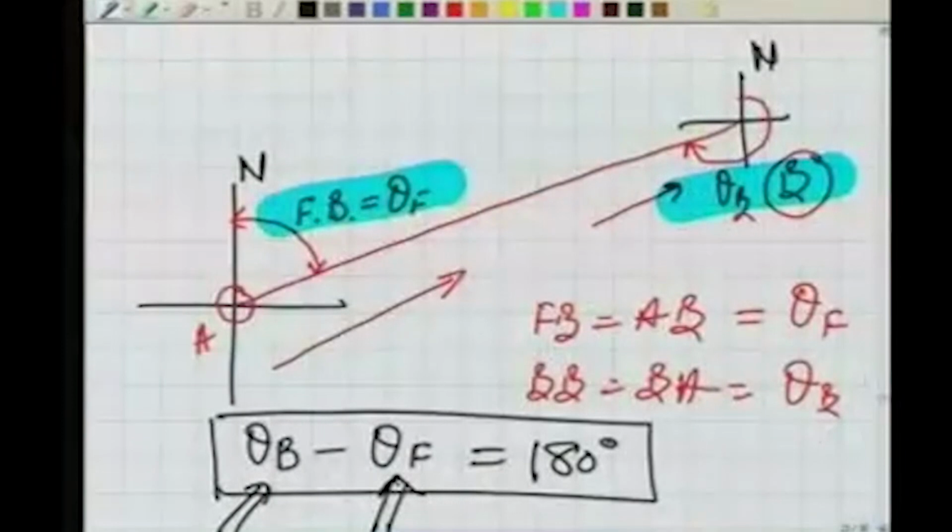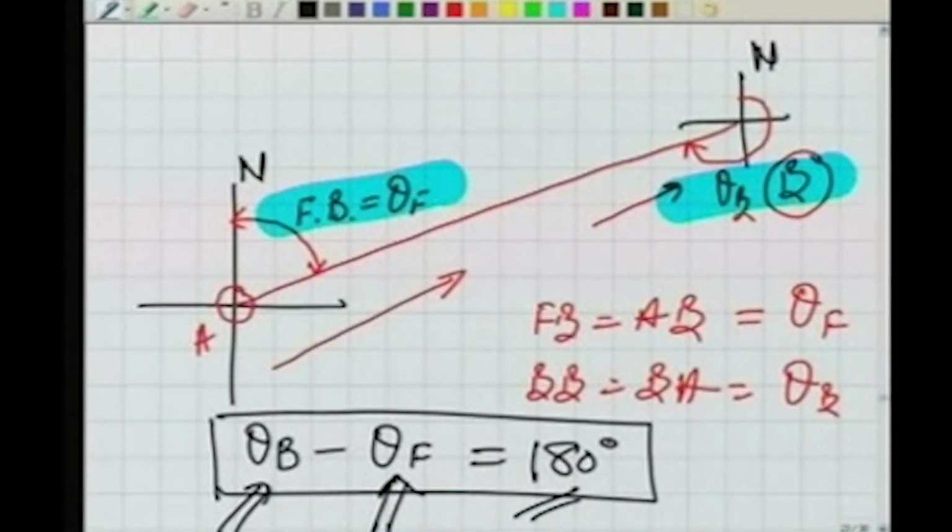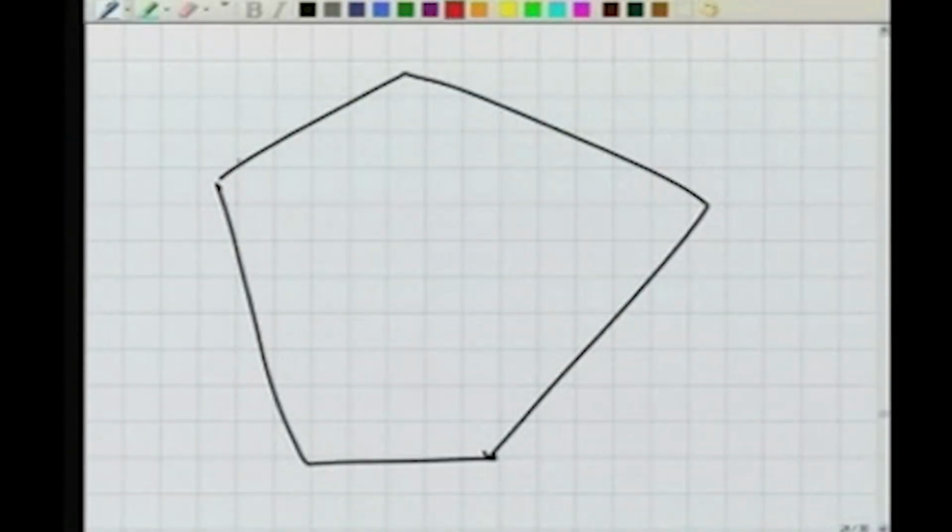And this is the case when these are observed without any error. If there is no error, then this should be satisfied. Okay. Next, if you have, for example, a traverse, and in that traverse you know the bearings at each point of all the lines.